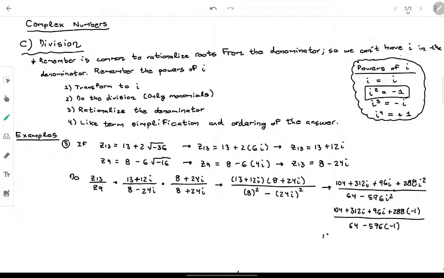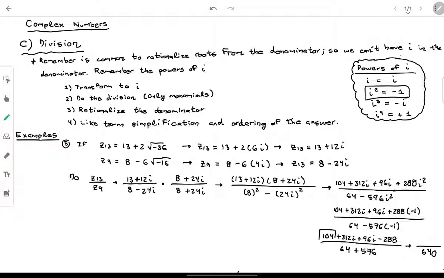So it's going to be 104 plus 312i plus 96i minus 288, and on the bottom part it's going to be 64 plus 576. So what will happen here? On the bottom part is going to be 576 plus 64. It's going to be 640.